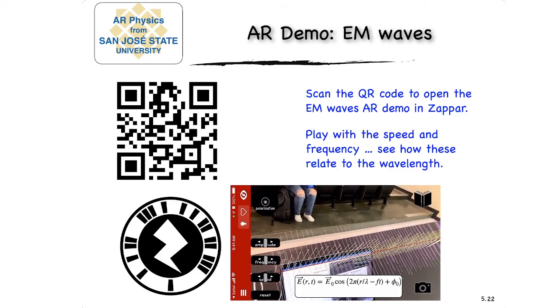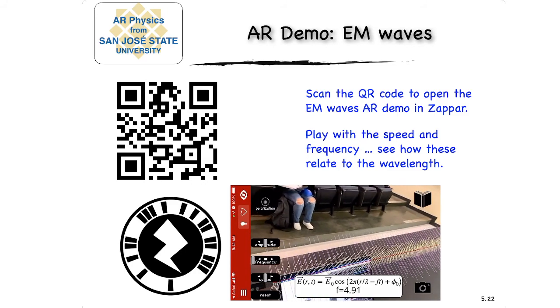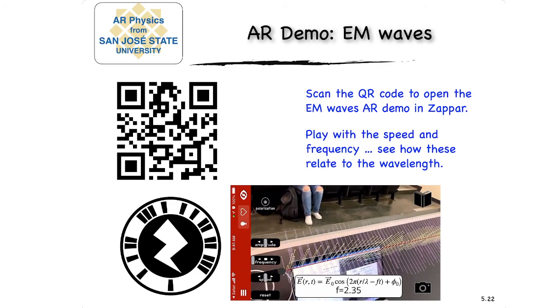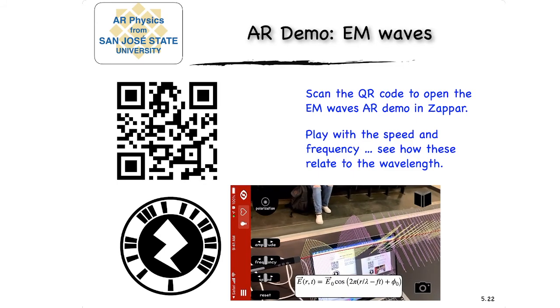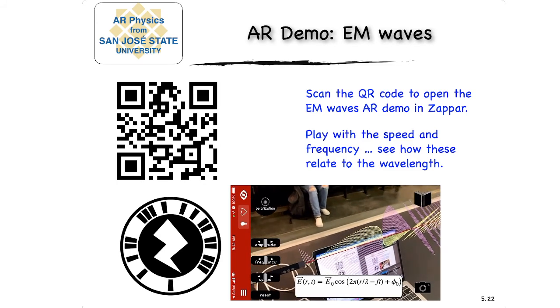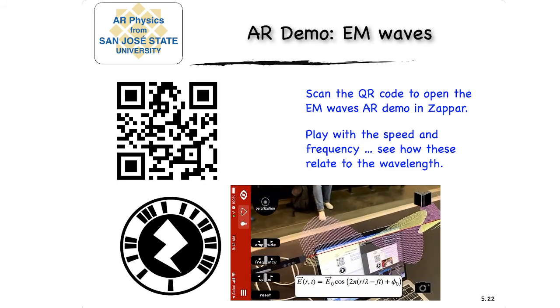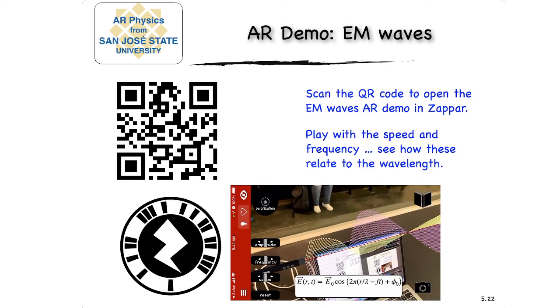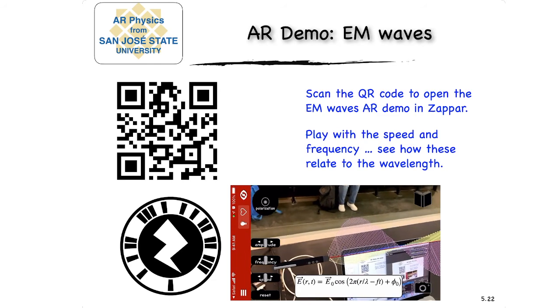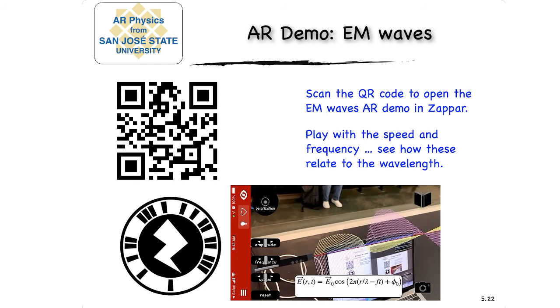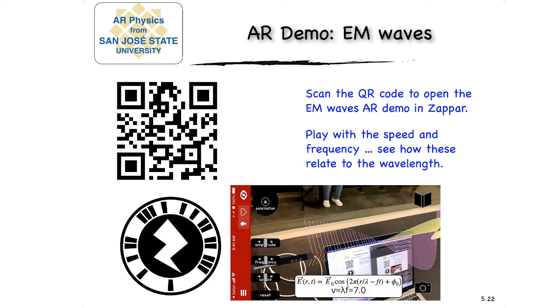And as I'm changing any parameter, in the little white box, you can see mathematically which parameter it is that's changing. And then in the visual, you can see how that affects what you're seeing. The other thing that we can change is the speed of the wave. Of course, the speed is constant in a vacuum, but you can imagine what it would be like if it were faster or slower.